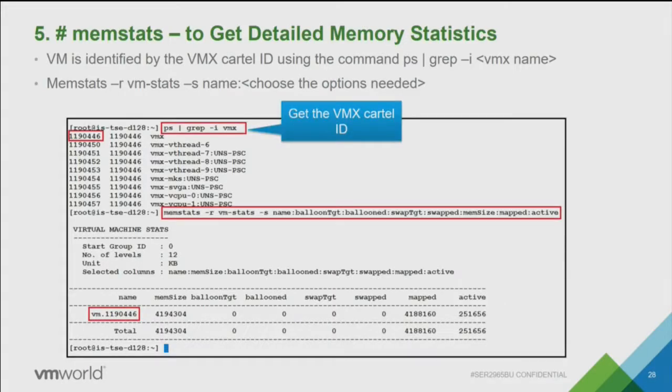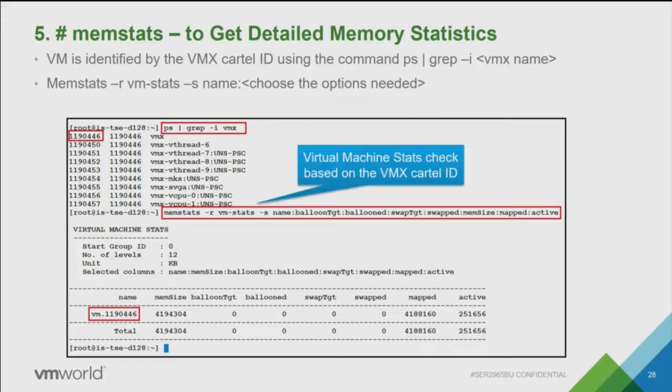The first thing, again, we will have to look up the cartel ID information. The cartel ID can be found using ps grep, or you can use the process list as we spoke earlier, right? So once we have the cartel ID, you're going to execute the command memstats -r and then vmstats. You can actually filter and look up what you want, right?